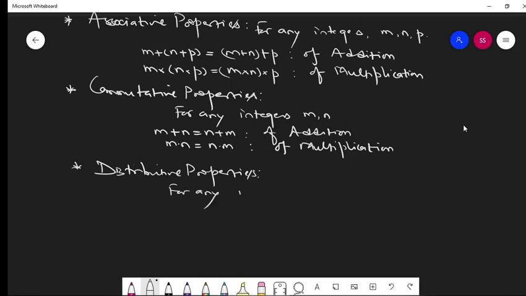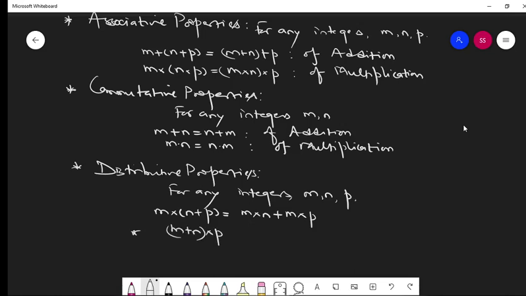For any integers m, n and p, m times (n plus p) equals m times n plus m times p, or (m plus n) times p on the right side equals m times p plus n times p.